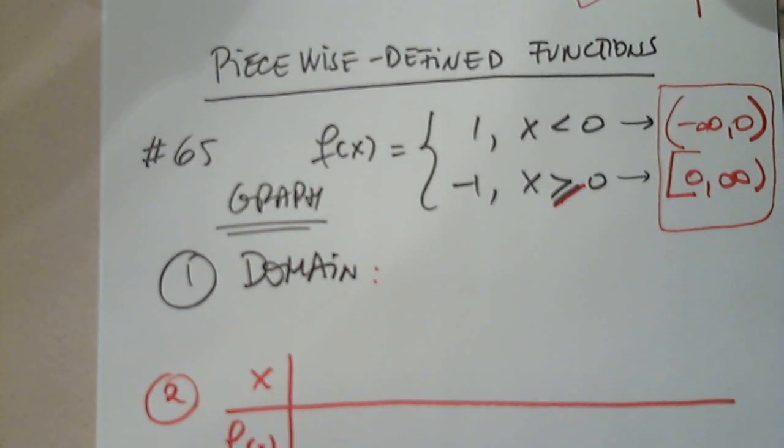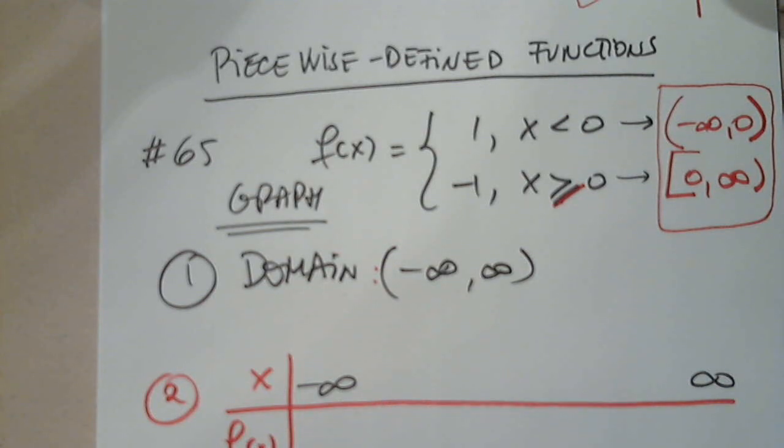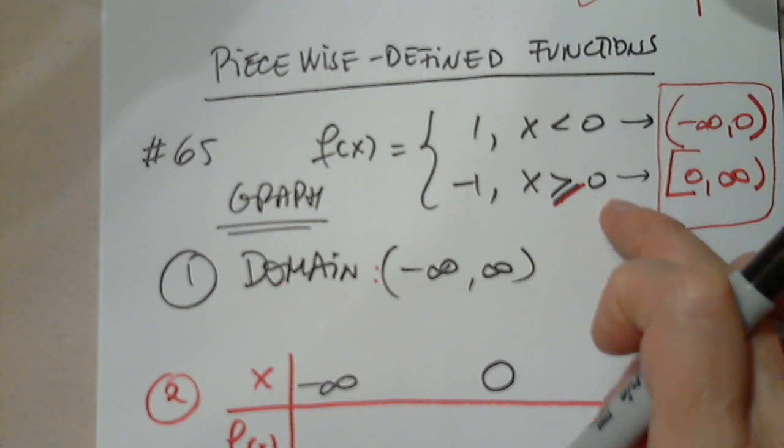Negative infinity to infinity. Excellent. So the domain is everything. There is nothing missing. 0 is a very important value. So it has to be in the table, this 0 here.